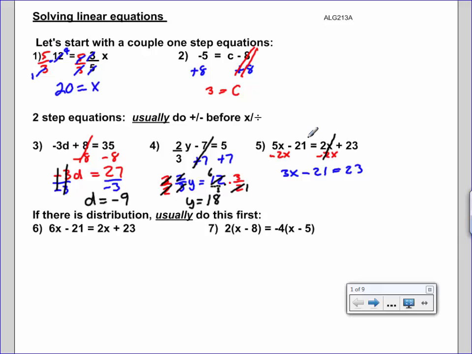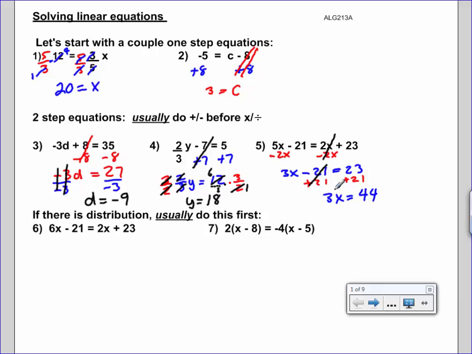Now to get all the numbers on the other side, well, I have to do the opposite of minus, which is adding. I'll add 21. They cancel. So now you have 3x equals 44.